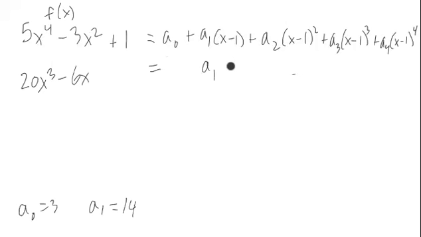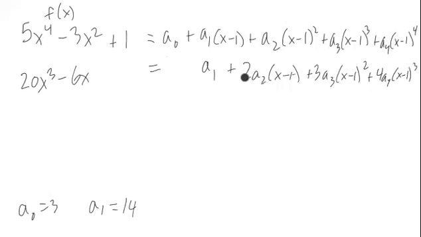So we end up getting plus 2a2 times x minus 1, plus 3a3 times x minus 1 squared, plus 4a4 times x minus 1 cubed.